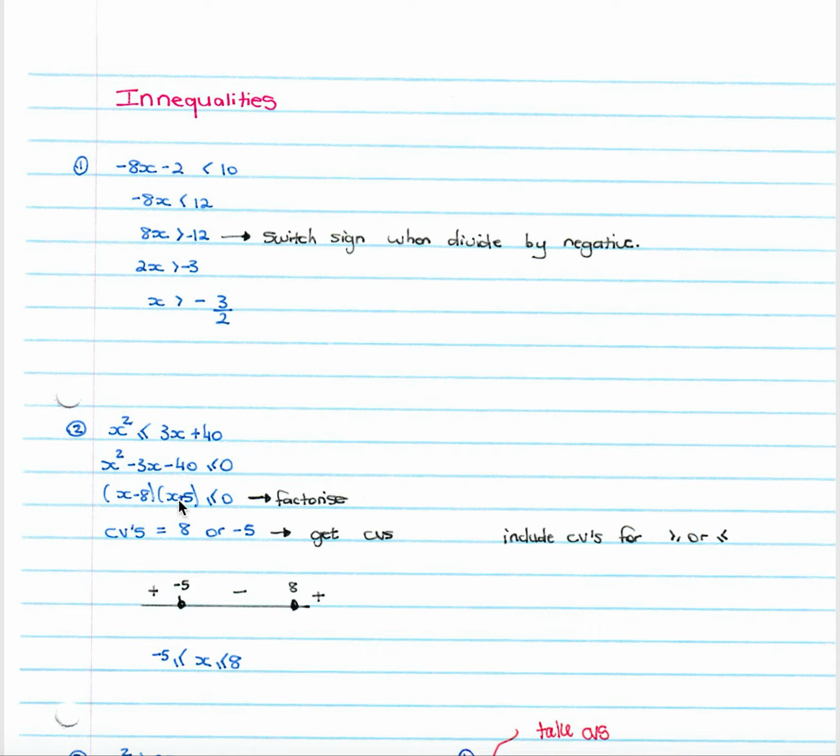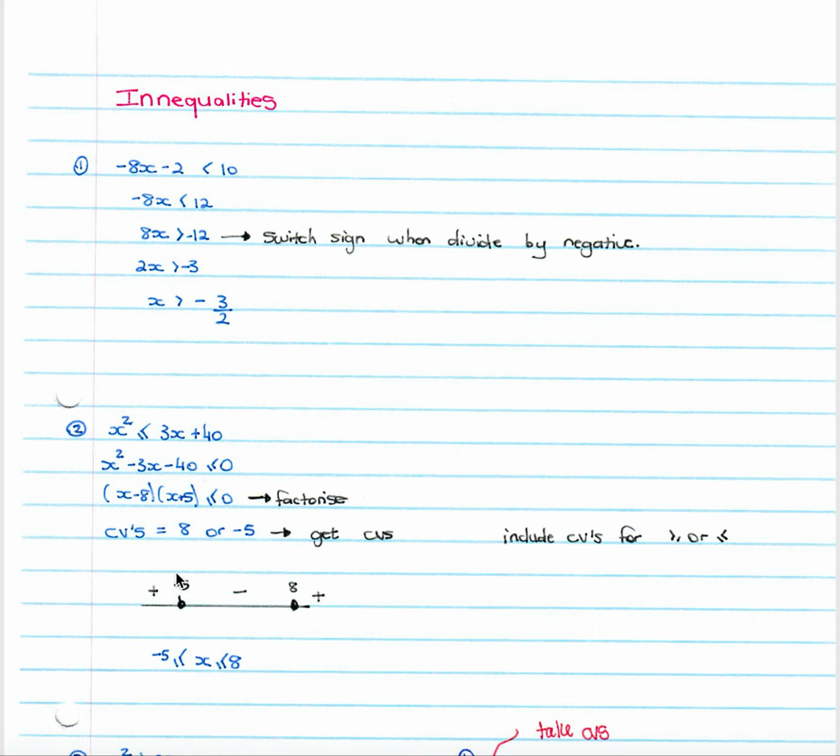However, we are looking for this equation less than or equal to 0. Therefore, we are looking for this negative interval. We ignore the positives because that's where it's greater than 0. So we go x is greater than negative 5 and less than 8, as shown here. However, you must watch out to see whether they've said equal to or not equal to.